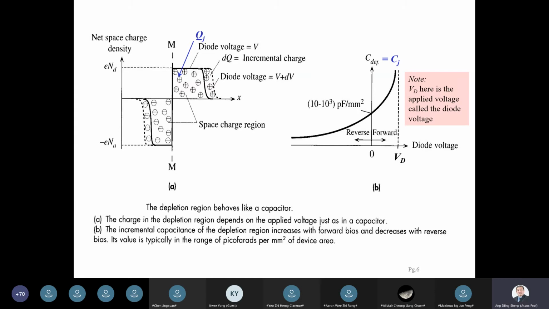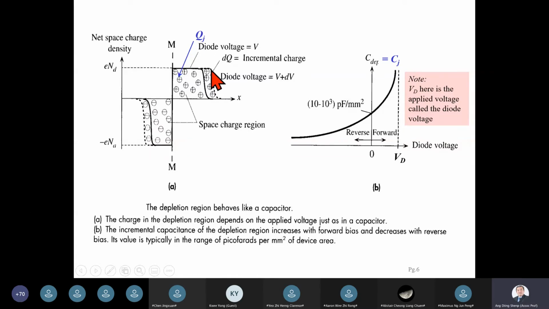Because during the change in the voltage applied across the PN junction, the change in the space charge only happens at the edges of the depletion region. The positive space charge change happens here at the edge of the space charge region on the N side, and the negative space charge change happens here at the edge of the depletion region on the P side.